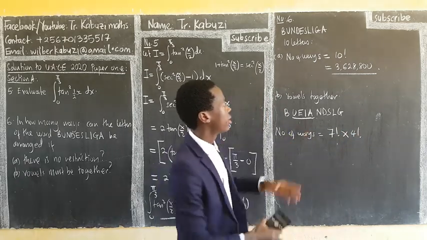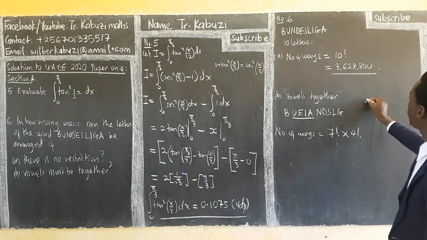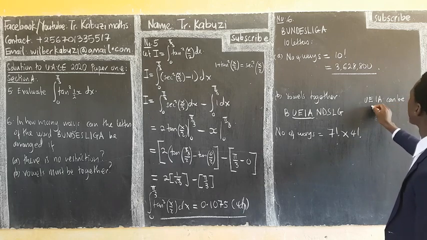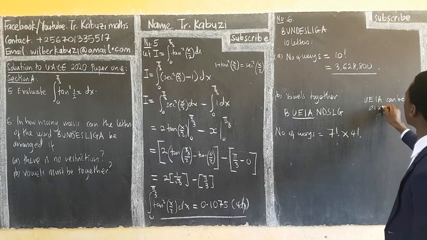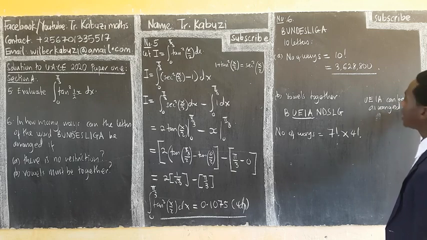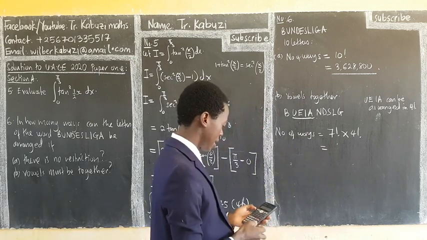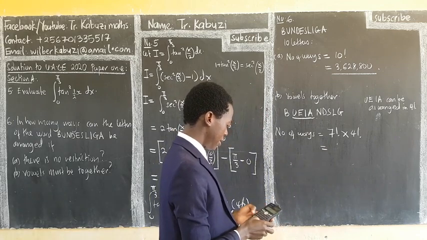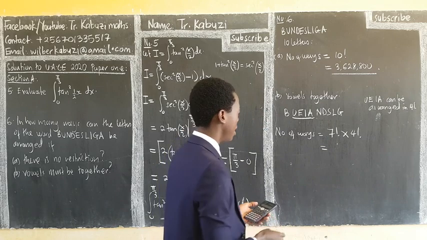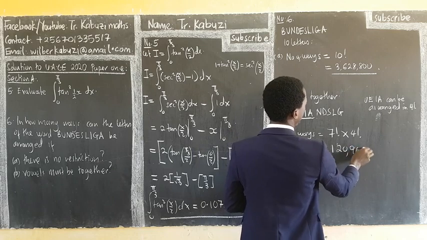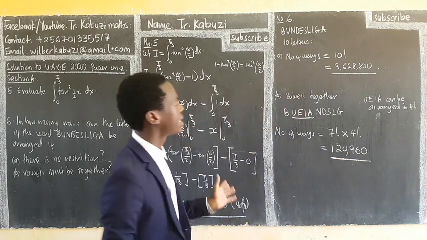These 4 factorial, these ones, the vowels themselves, U, E, I, A, can be arranged in 4 factorial ways. So that's how we had to do this one, and then we just press the calculator. 7 factorial times 4 factorial, and then the answer is 120,960. So that's how we had to do that with ease.